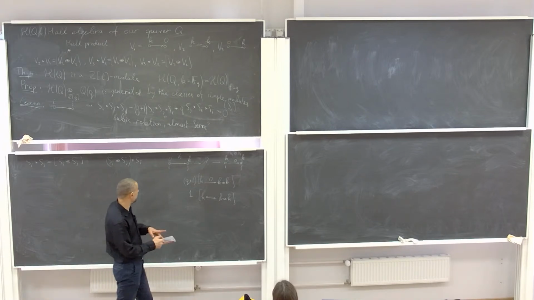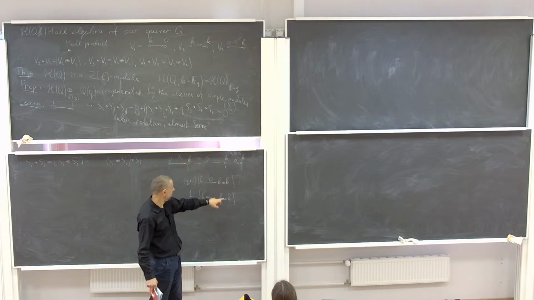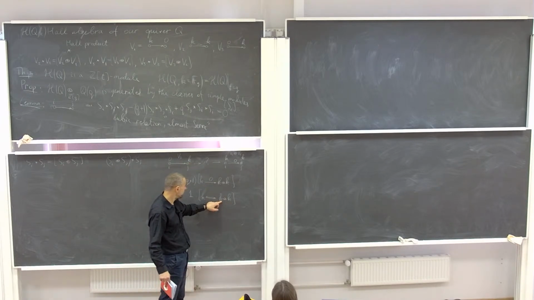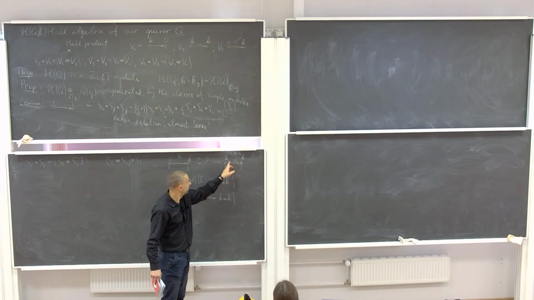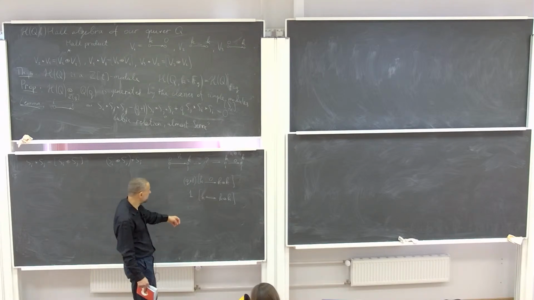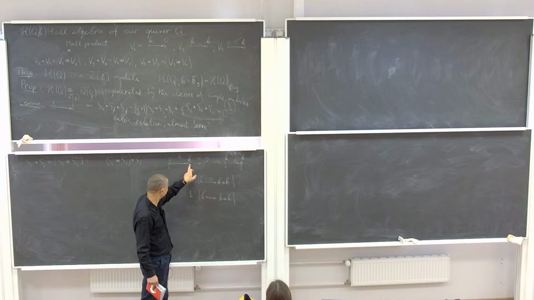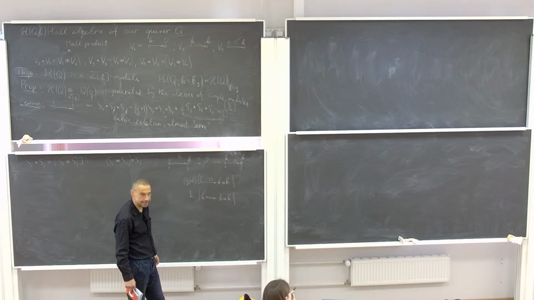If we choose this k, this line in this plane, to be the image of this embedding, then the quotient will be the zero morphism. So it's the only possibility, right? We must choose this line to be the image of this embedding. No other choice will give such an exact sequence.